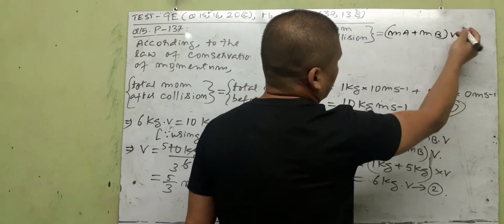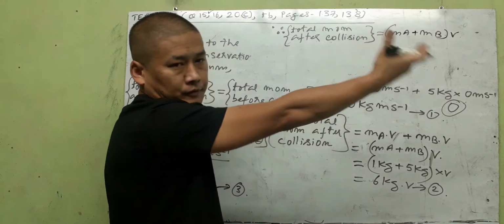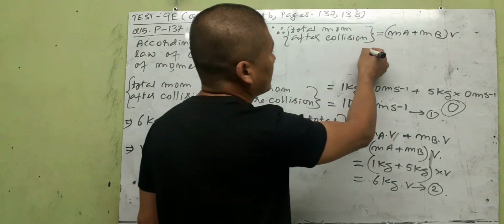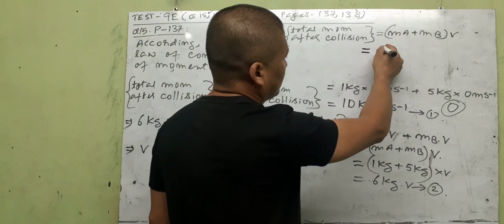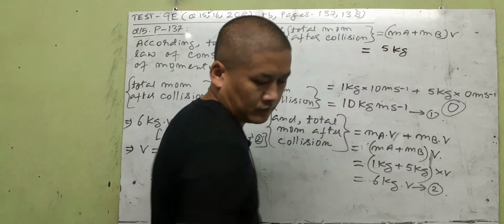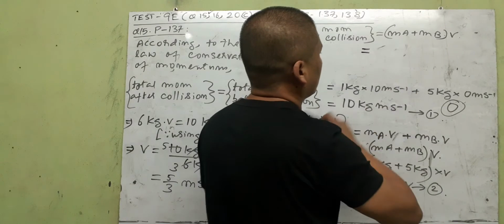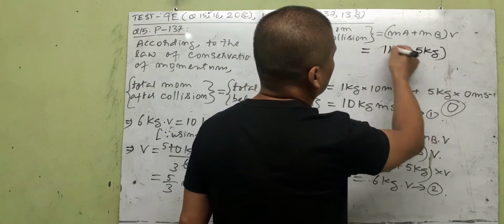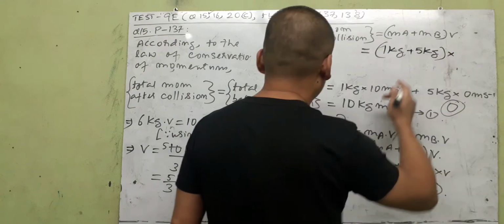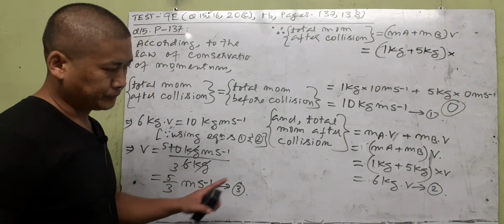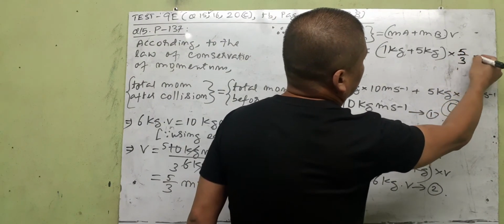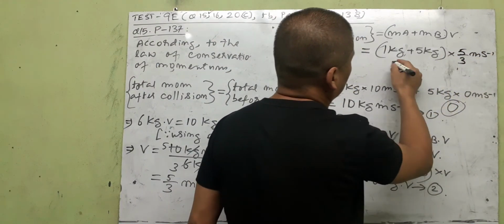Mass of the two objects into the combined velocity is the total momentum after collision. So MA is 1 kg, and this is 5 kg, the wooden block. Combined velocity now we found out, so we're going to use that and we'll get the value after collision also. 5 divided by 3 meter per second.